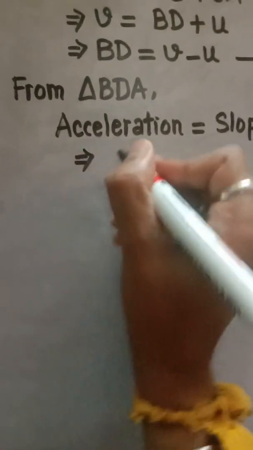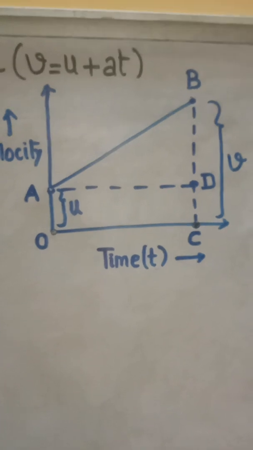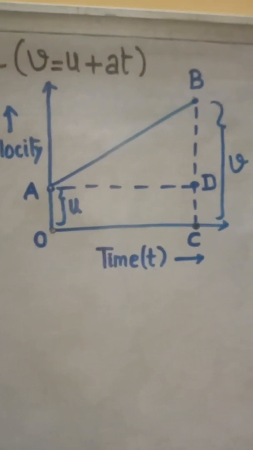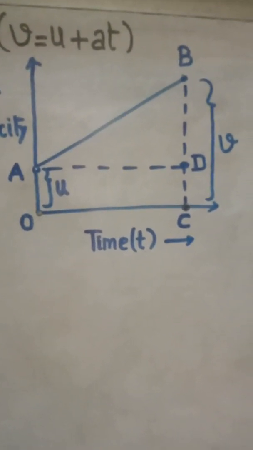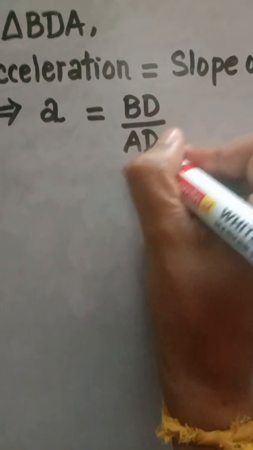Now, acceleration is represented with a, and slope means perpendicular by base. So in triangle BDA, perpendicular is BD and base is AD, right? So we can write BD by AD.